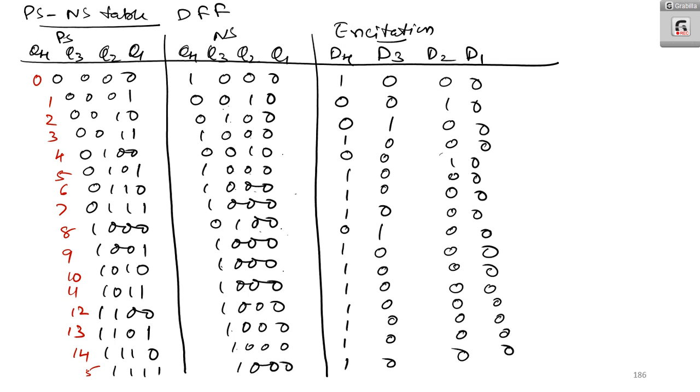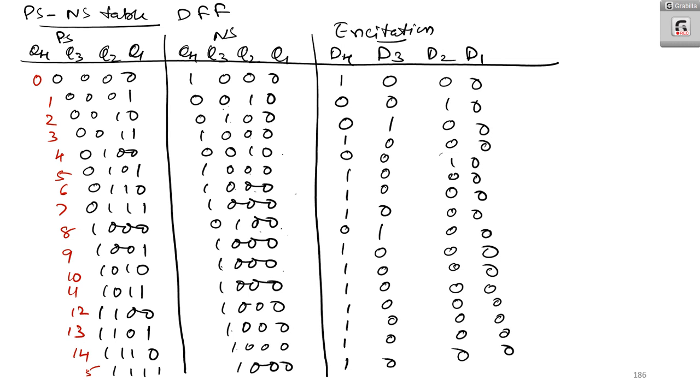Now, what is D2? One way is you can redesign the counter such that you get the expressions for D4, D3, D2, and D1 separately.